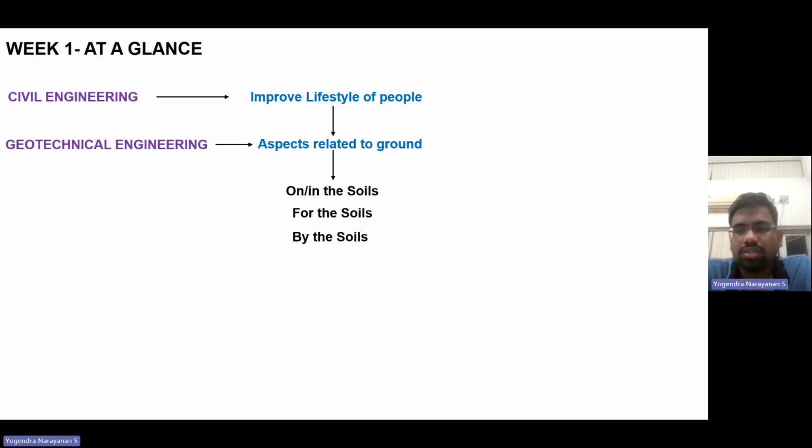On or in the soils relates to the infrastructure constructed above the ground, or in the soils below the ground, for example, superstructure and substructure. For the soils, a perfect example would be retaining structures, which are used to hold the soils in a slope.